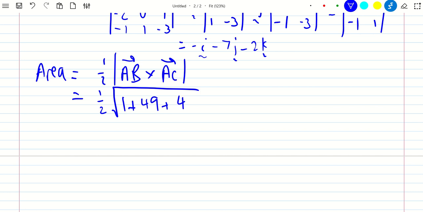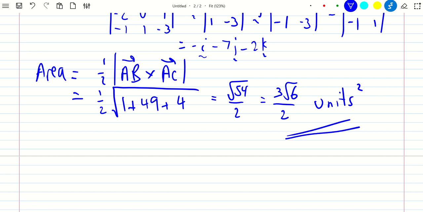So that's 54, so root 54 over 2. Can that be simplified? 54, 27, yeah, so 9 goes into that, so that'll be 3 root 6 over 2, and it'll be units squared.